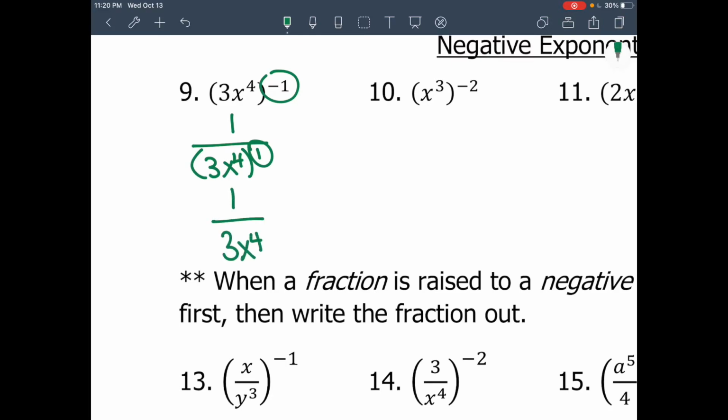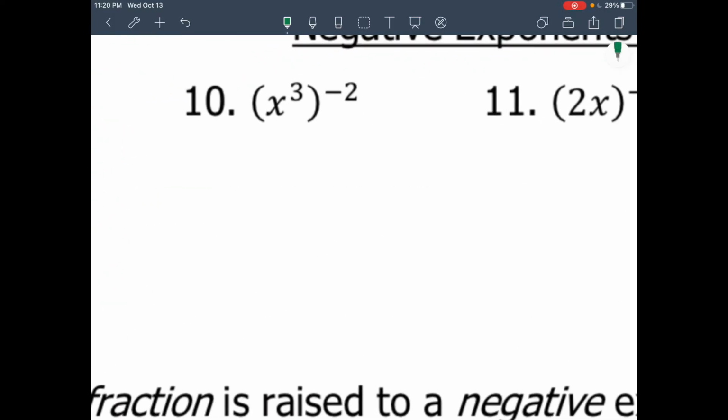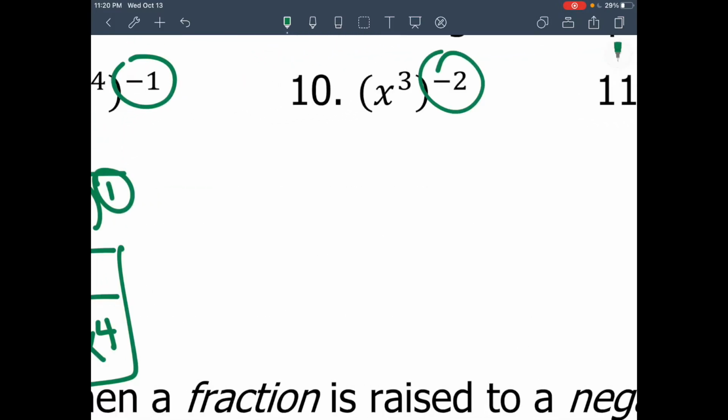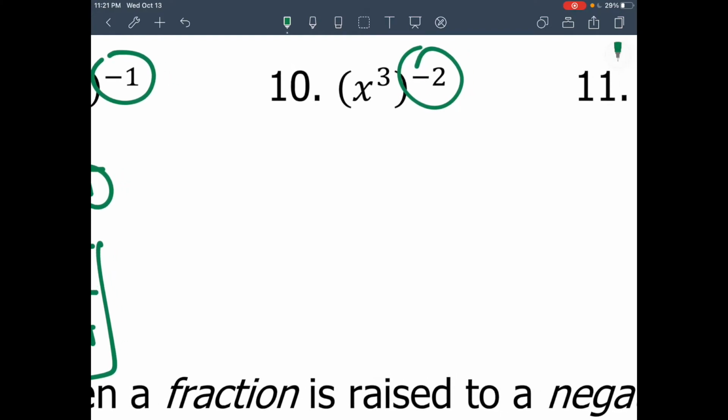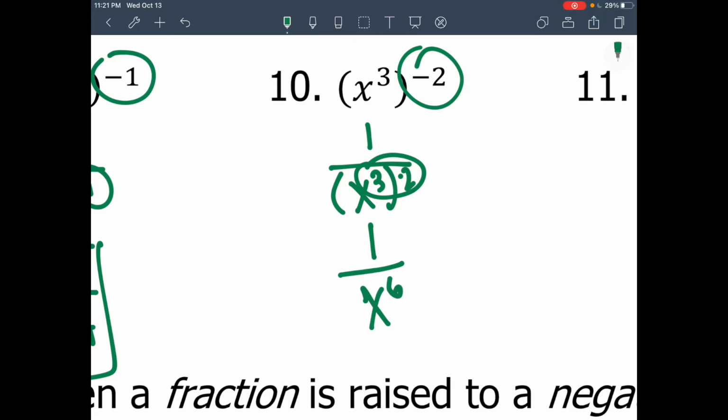There was nothing to change, because when I do 3 to the 1st power, it's just 3, and then 4 times 1 is just 4. So then the next one is squared when you flip it. So 1 over x cubed and then squared. And then I would multiply 3 times 2. So 1 over x to the 6th.